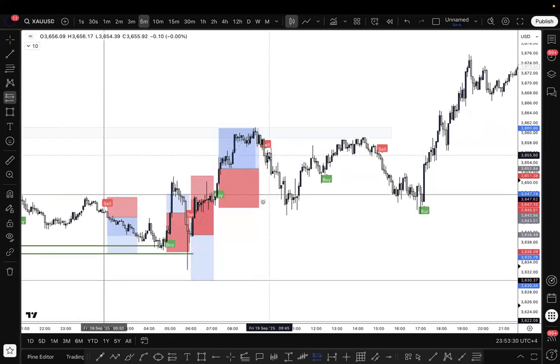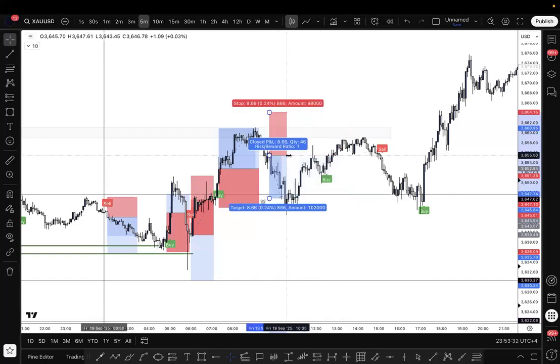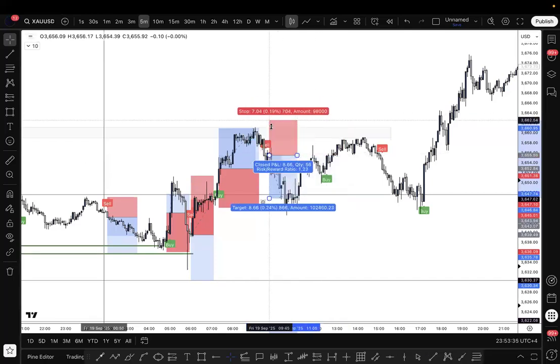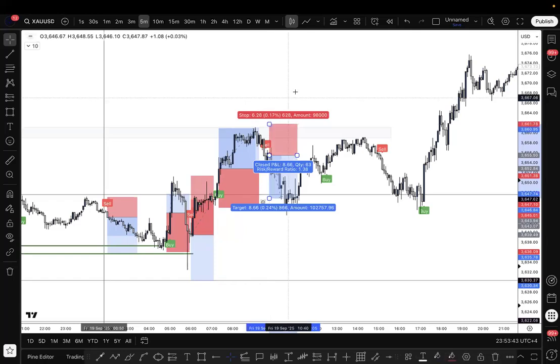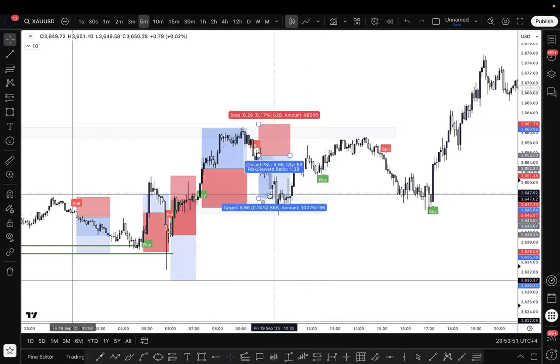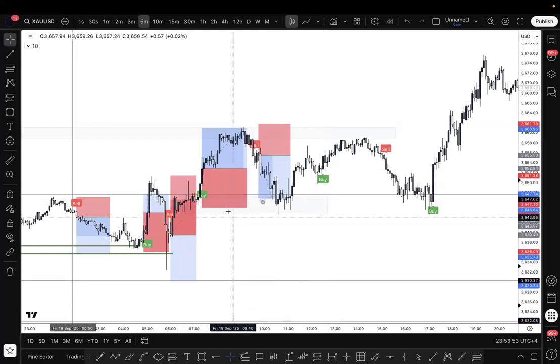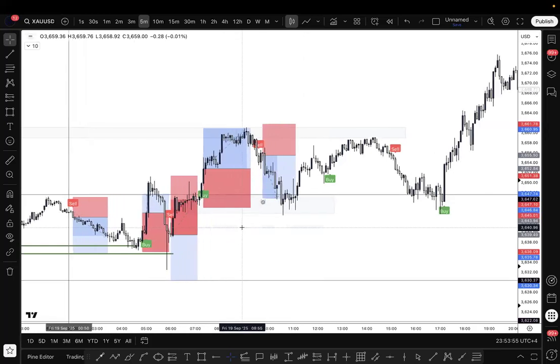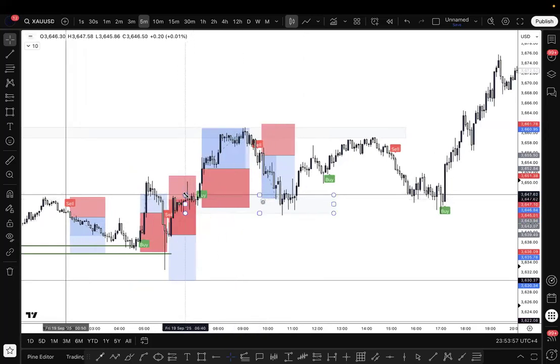You know where you're entering, where your target is, and where your stop loss is. So for this trade here, this is a trade that makes good business sense, right? Because our stop loss is less than 100 pips, which is okay. If you have your stop loss above that high, that is 62 pips, right? Your first target will be this support zone here.